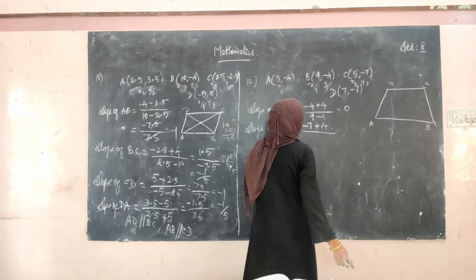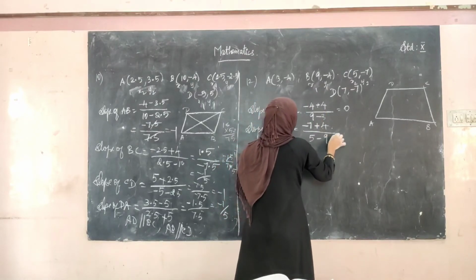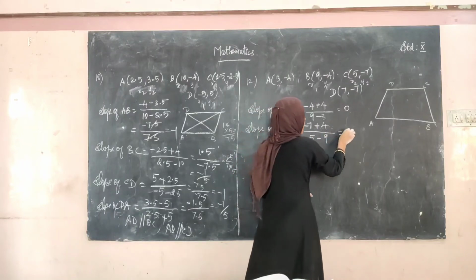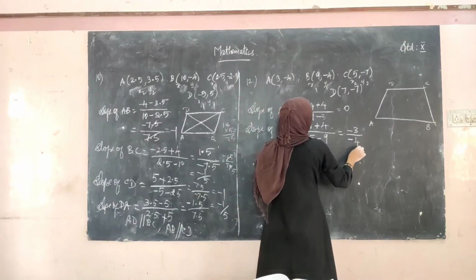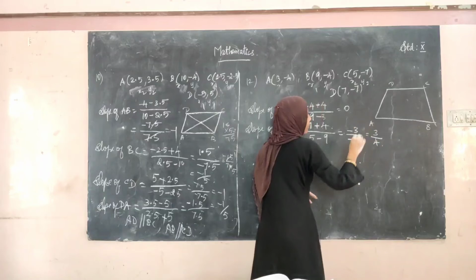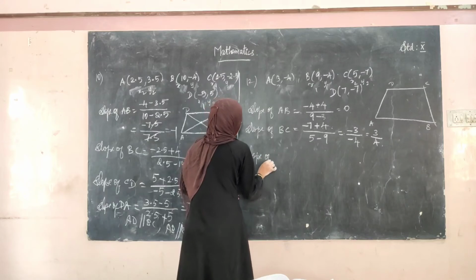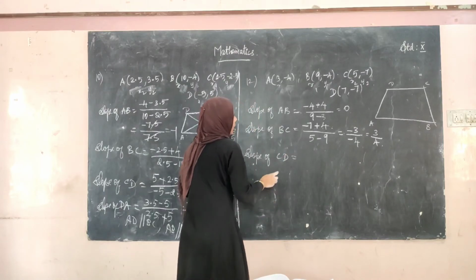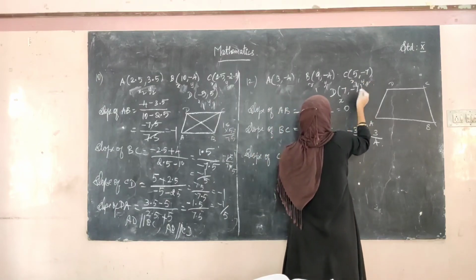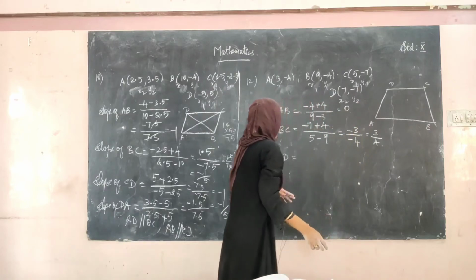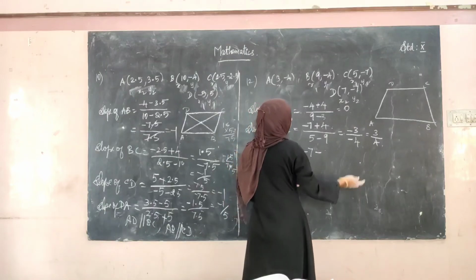So it just becomes plus 4 divided by x2 is 5 minus, what is x1 here? x1 is 9, which is equal to minus 7 plus 4 is minus 3 divided by minus 9 plus 5 is minus 4, which is equal to 3 divided by 4. Okay, and then slope of CD. This one and this one. So this should be x1, y1, this should be x2, y2. It is equal to y2 minus y1. y2 is minus 7 minus y1 is minus 7.